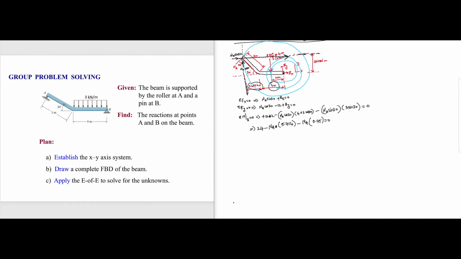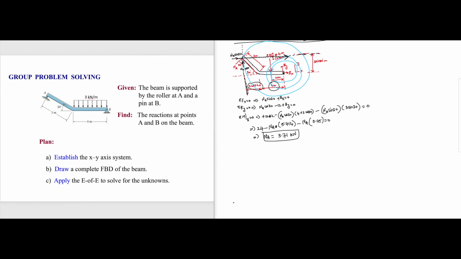That implies NA will be 24 divided by (5.714 plus 0.75). You will be getting 3.7128. I'm going to write 3.71 kilonewtons. That is NA. So we get a positive answer.